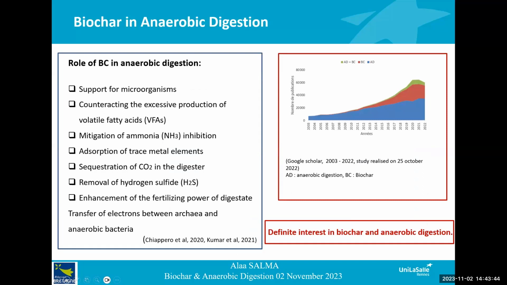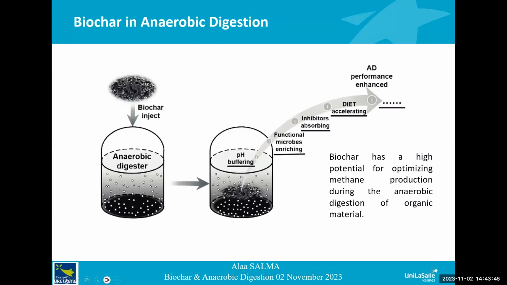Moving to the next slide, the incorporation of biochar in the anaerobic digestion could improve the production of methane, and for this reason, the purpose of the study was to explore the impact of biochar in the anaerobic process, using digestate as substrate.